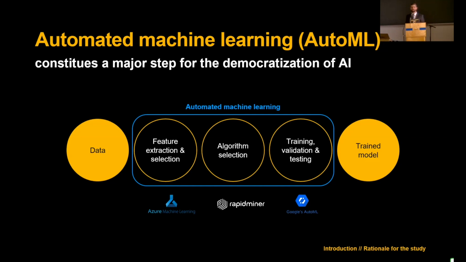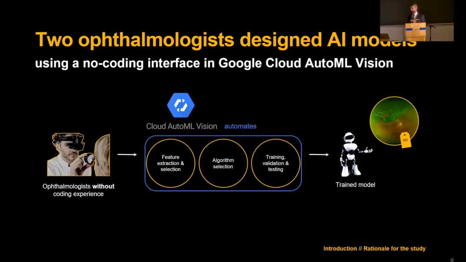Automated machine learning is a type of platform that's been released by major tech companies like Google and Microsoft, and it constitutes a major step for the democratization of AI. By automating complex tasks in the machine learning design pipeline, it has allowed users like myself to develop high-quality AI models without writing a single line of code.